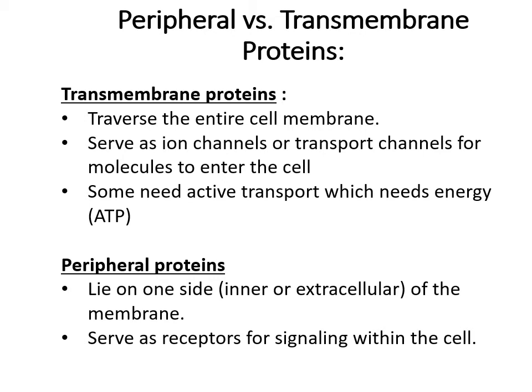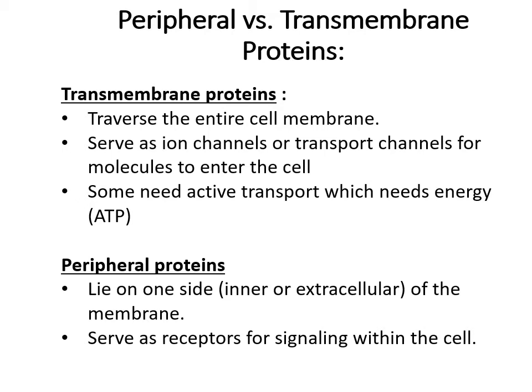That uses ATP to maintain that gradient, okay? Because you're actively pumping potassium into a higher concentration of potassium, and you're pumping sodium out of the cell into a higher concentration of sodium in the extracellular compartment. So it requires ATP.